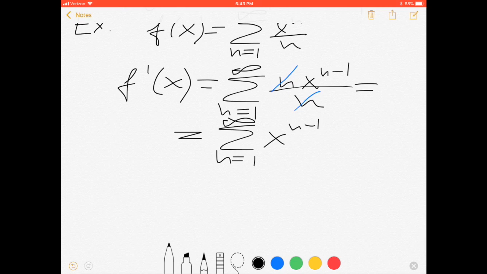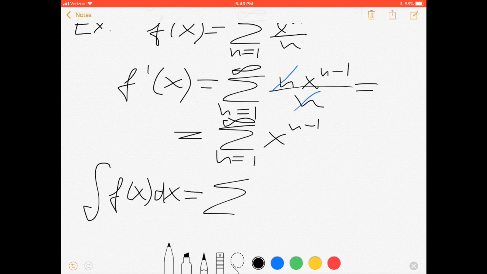And the antiderivative of this function, the integral of f(x) dx, will be the series of the integral of x to the n over n dx, because integration is linear.